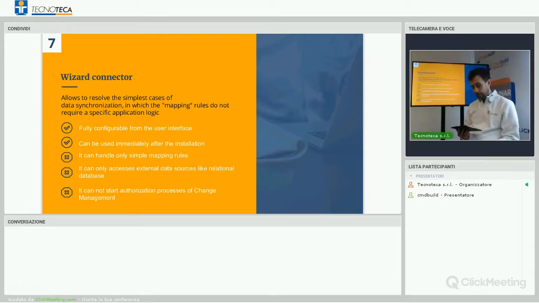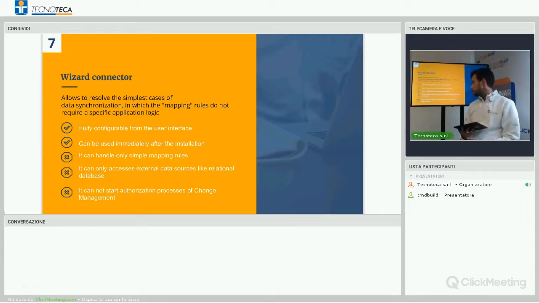It is a very simple task to do. But of course, on the con side, it cannot handle complicated mapping rules, only very simple ones. For example, when the destination elements and the origin elements are very similar in terms of hierarchy or names. In this case, the Wizard connector can come in handy.